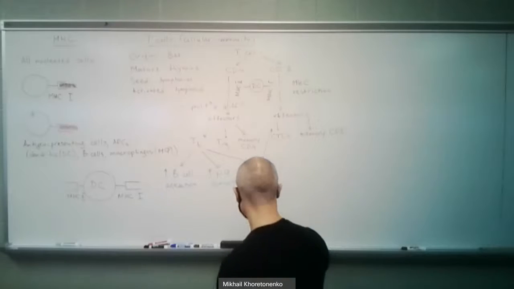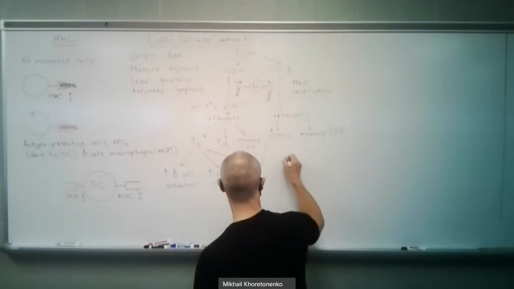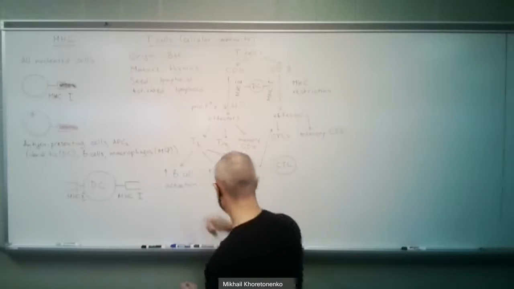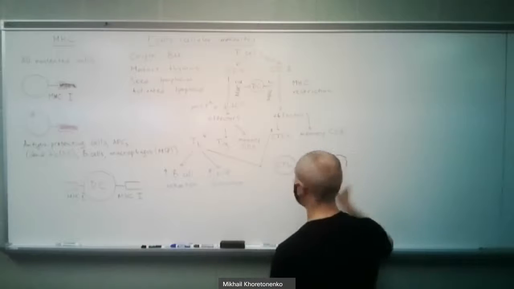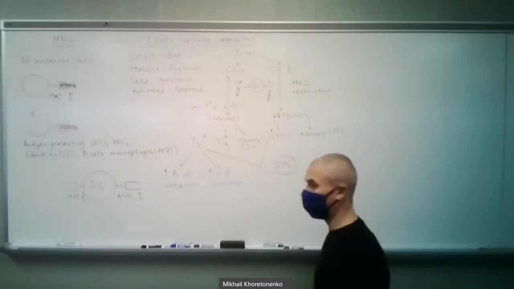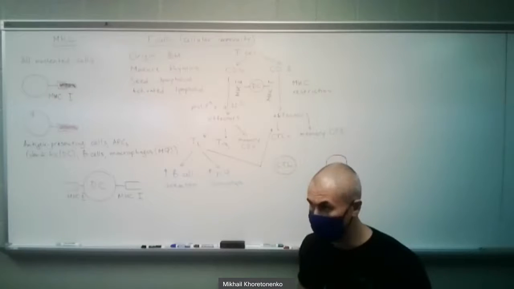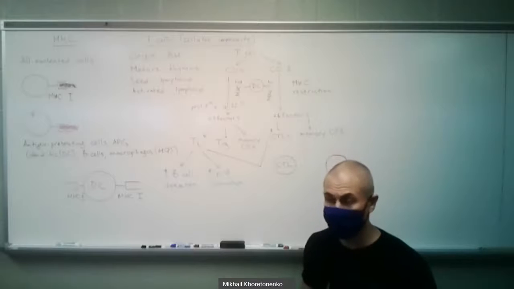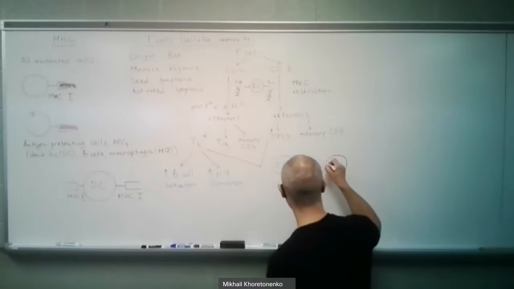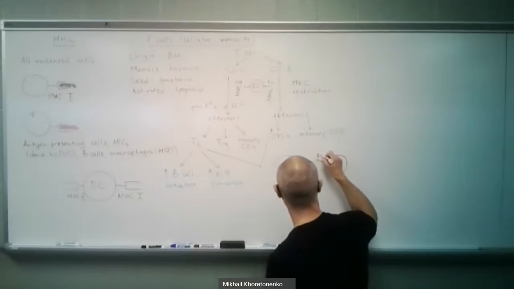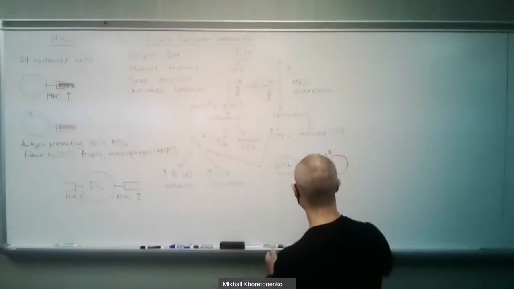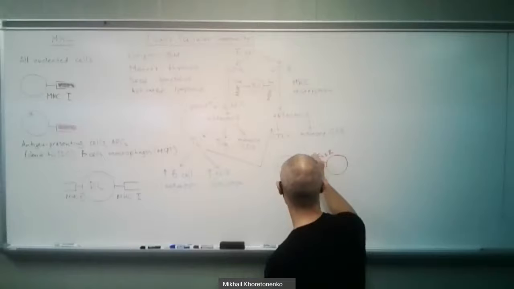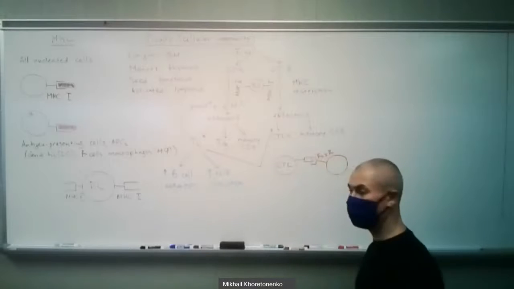Okay, so let's talk about cytotoxic lymphocytes and how they kill cells. So imagine you have a cytotoxic lymphocyte and you have an infected cell. And it turns out, as far as I remember, and it's not going to be a part of the question on the exam, I guarantee that, I believe that FAS receptor is on the infected cell, and FAS ligand is on the CTL.